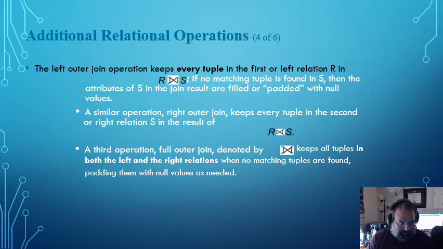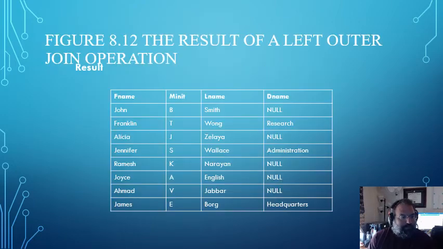A third operation, full outer join, denoted by that symbol, keeps all tuples in both the left and right relations, and where no matching tuple can be found, pads them with nulls as needed. Figure 8.12 shows the results of a left outer join operation.